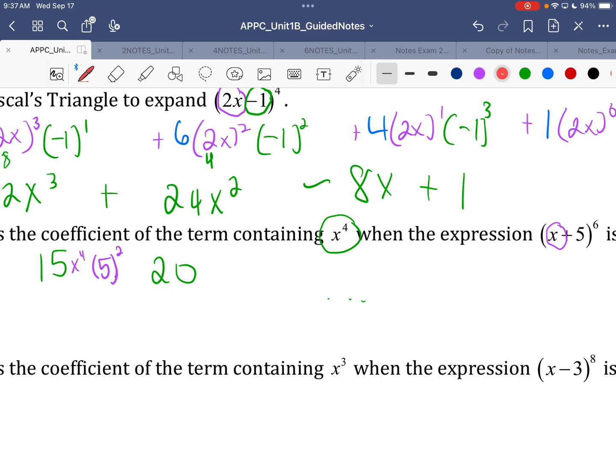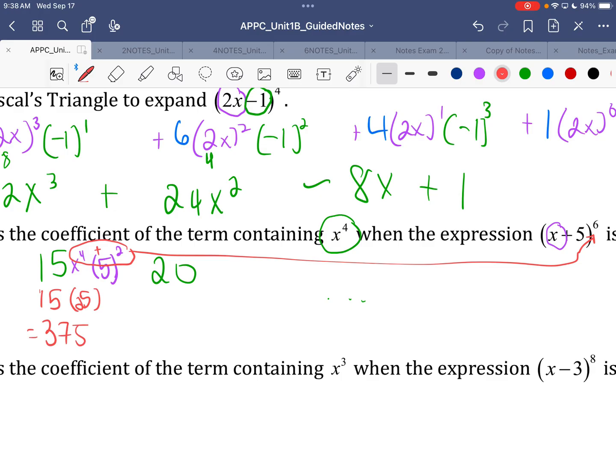These two numbers have to add to whatever degree is out here. So those are adding to 6. So we really have the coefficient is 15 times 5 squared, which is 25. That's fun. 375.